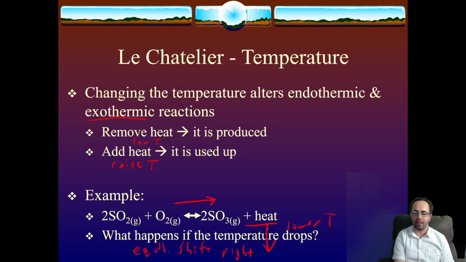Because this reaction is exothermic, it produces heat as a product. We are lowering the temperature, which is like removing the heat. And so when we remove the heat, the reaction will shift in the direction that will replace the heat that we have removed. And so lowering the temperature here will shift the equilibrium to the right.